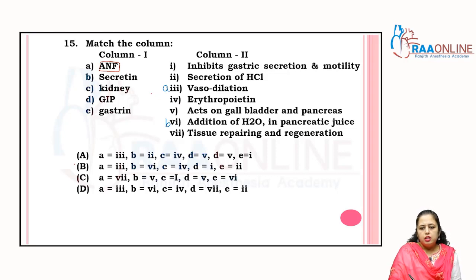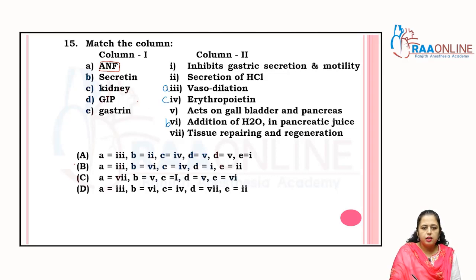Kidney secretes erythropoietin. 85% of erythropoietin hormone is secreted by the kidney and 15% by the liver, which helps in erythropoiesis, that is formation of RBC.